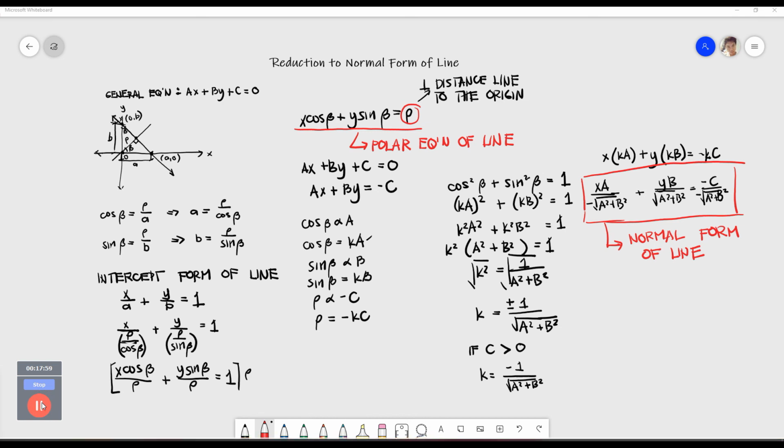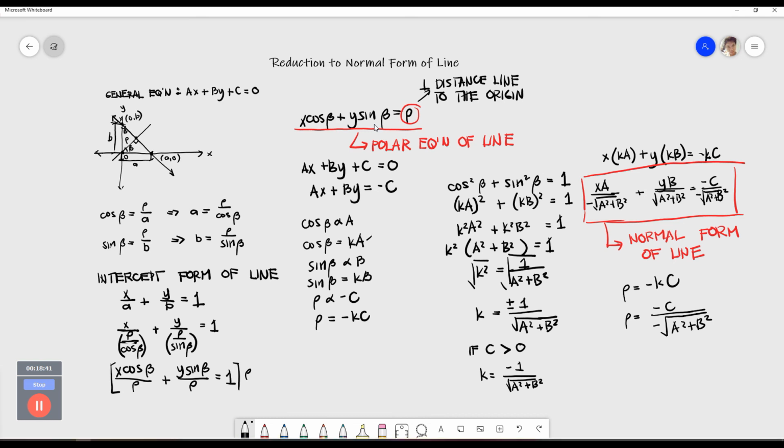We have an addition here. Since rho is equal to negative kc, to get the distance of this line to the origin, which is rho, that is equal to negative c over the negative square root of a squared plus b squared. Let's make it positive.